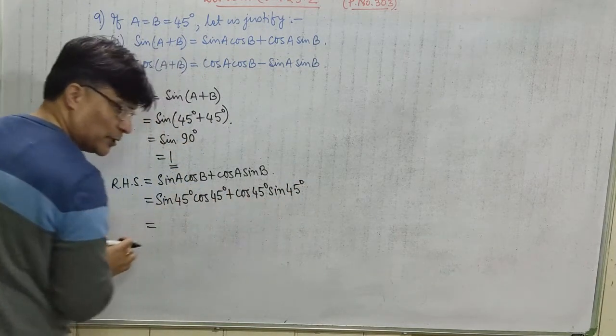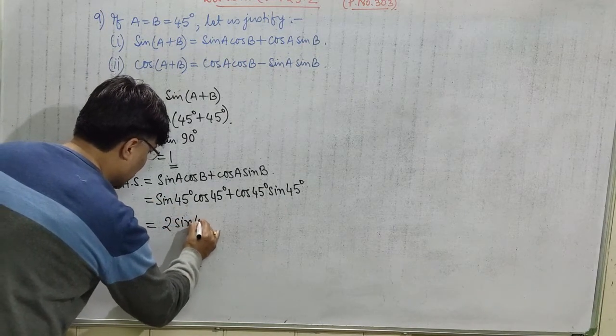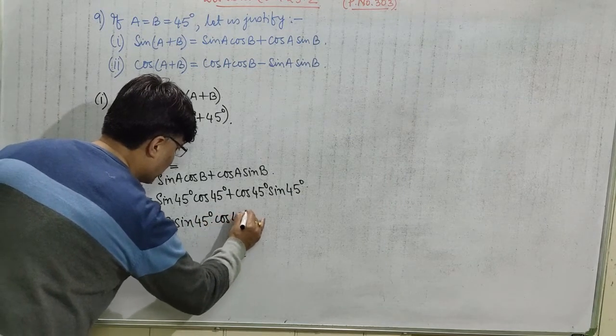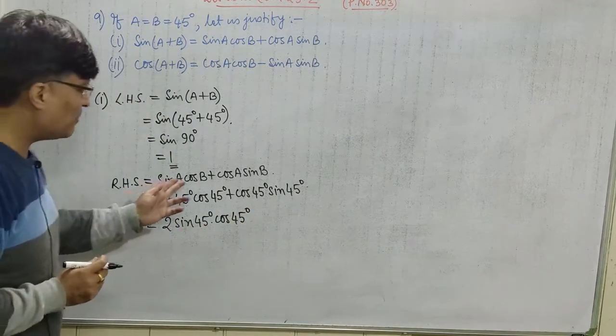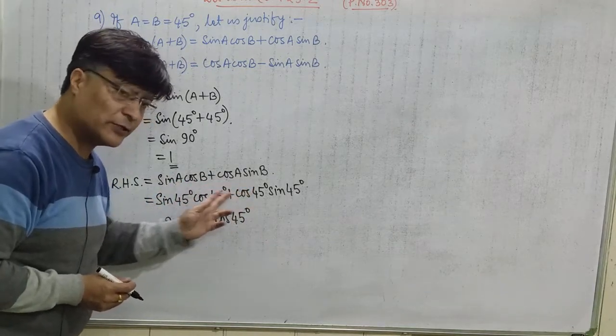These are the same expression, so you can add them. It is 2 sin 45 degrees into cos 45 degrees, right?